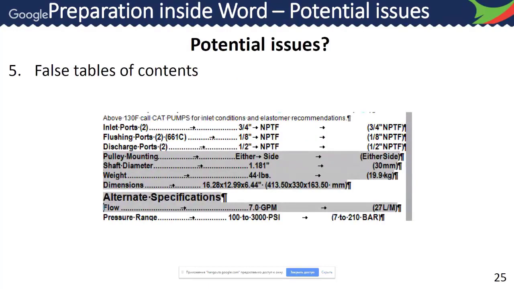The fifth issue is false tables of contents. Sometimes FineReader recognizes text as a table of contents incorrectly. I call it a false table of contents because it looks like regular text, but it behaves as a table of contents. For example, you can right-click it and choose Update. On this screenshot, the false table of contents has gray background, which becomes visible if you configure Word as recommended previously.